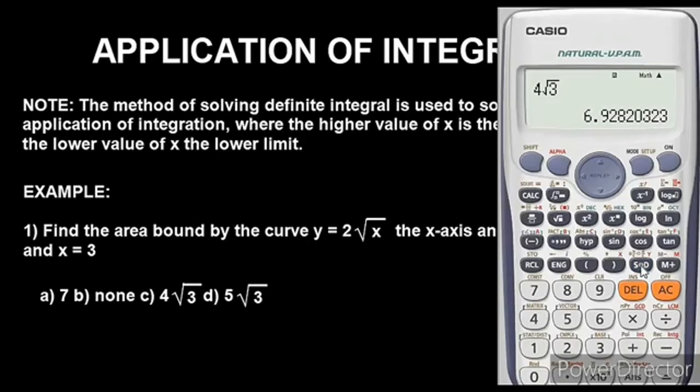So option C is correct because this is exactly what we got when we did the definite integration for this question. So option C is the answer to this question. It's as simple as that. So this is basically how you can solve application of integration using Casio calculator. Very, very simple. So we have come to the end of this class.